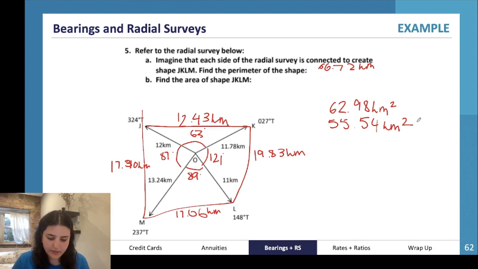The next one is going to be half times 11 times 13.24 times cos 89. And that's going to be, not cos, hold on. Oh, okay, let's restart. Half times 11 times 13.24 times sine 89. And that is 72.81.